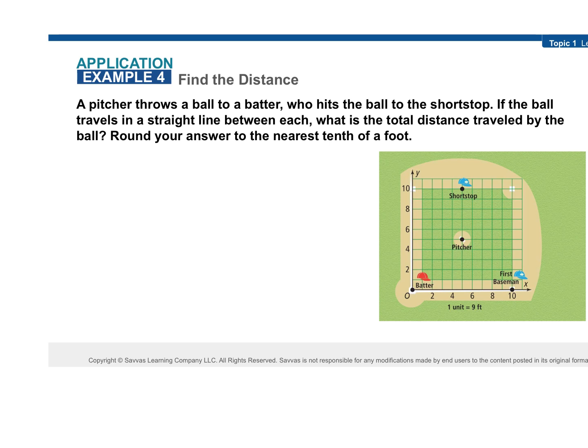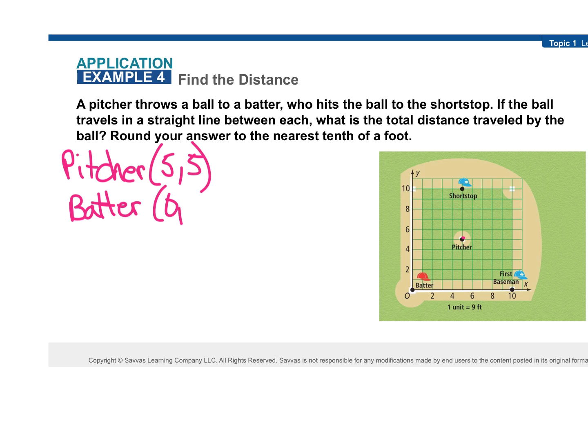So if we think about where the pitcher's at, right there at 5, 5. The batter's at 0, 0. And the shortstop is at 5, 10.